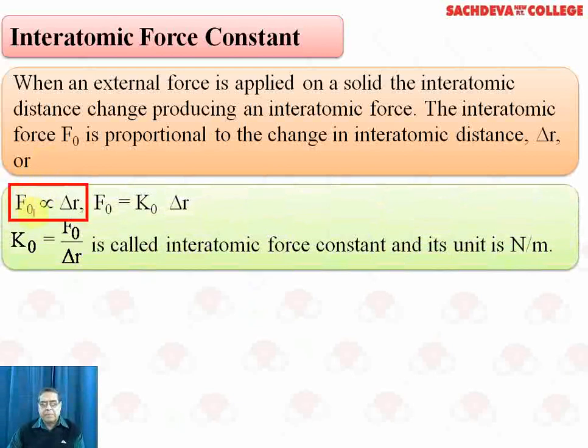Now F is proportional to delta R mathematically, and when we remove the proportionality, we put a constant here. So F0 is equal to K0 delta R, and K0 will be F0 over delta R. Basically this interatomic constant K0 is the ratio of the interatomic force and the small change in distance.